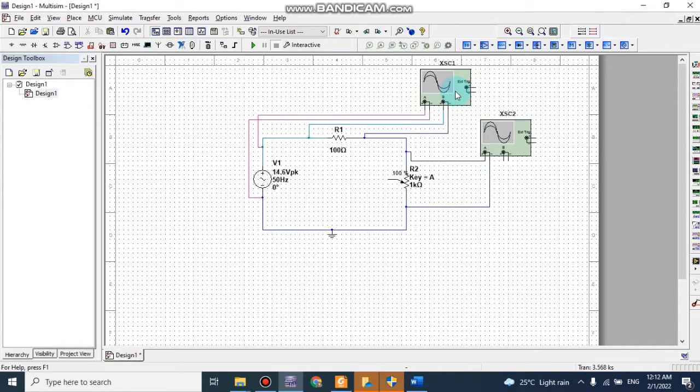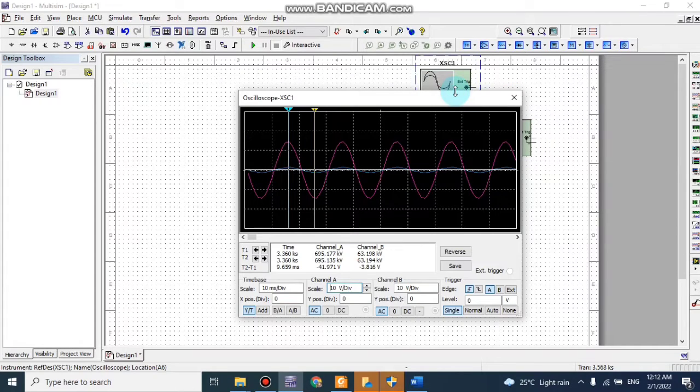And we see for the first output of the oscilloscope, here the time base we set to 10 millisecond per div, and channel A set to 10 volt per div, and channel B set to 10 volt per div.